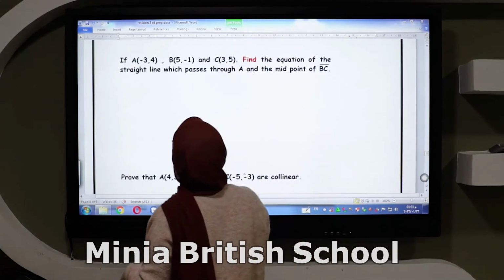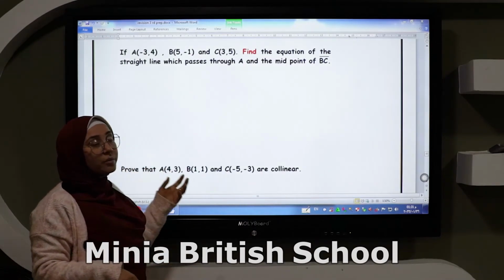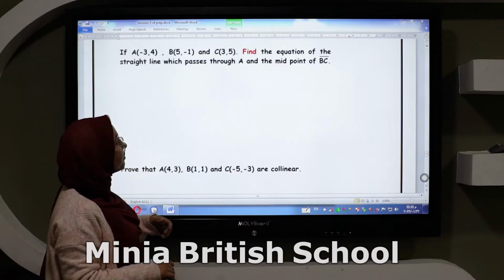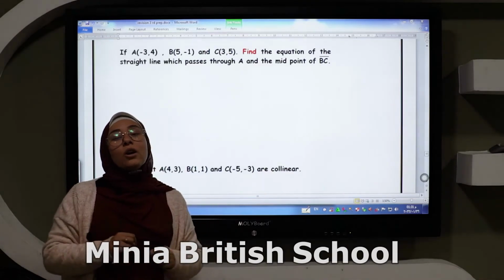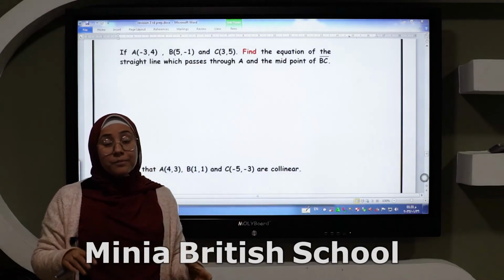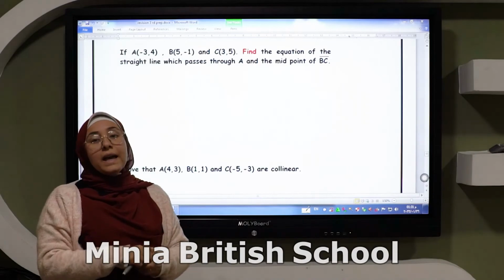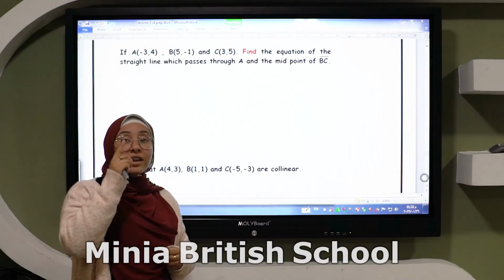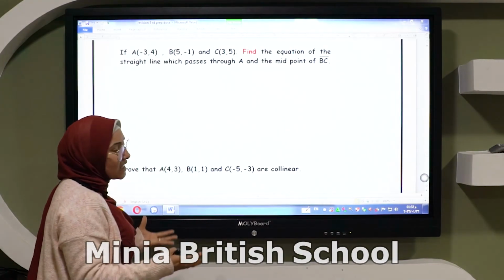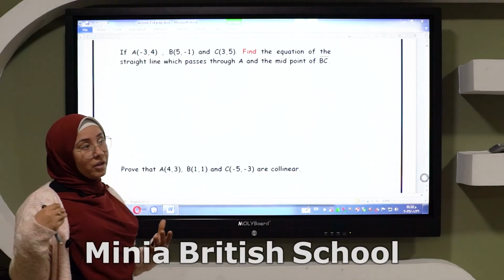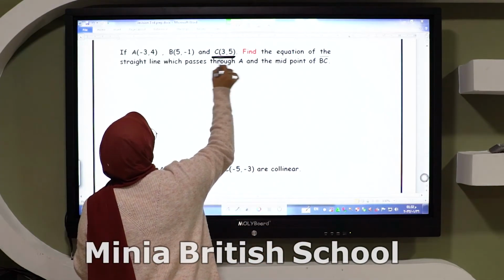The next exercise: point A (-3, 4), point B (5, -1), C (3, 5). What is the equation of the straight line which passes through point A and the midpoint of BC? In this exercise, we will use two rules, and we must first find the midpoint of BC.